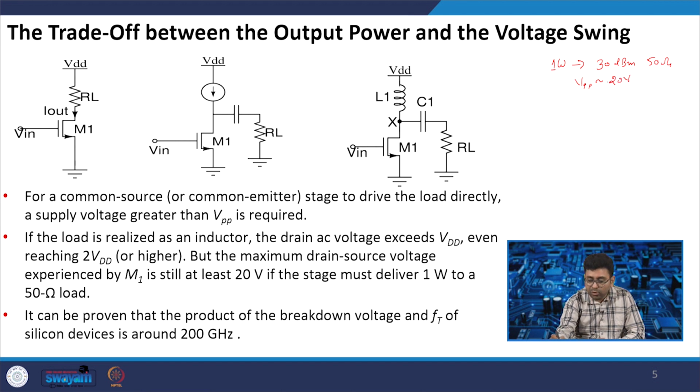and your load peak current is around 200 milliampere.